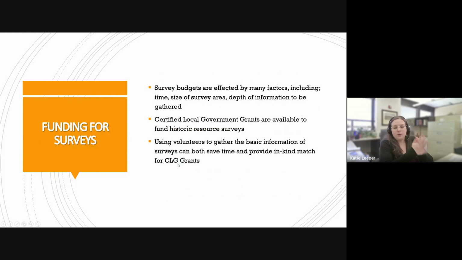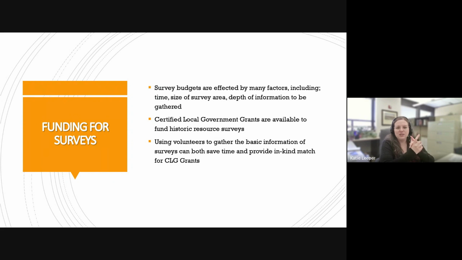And then as far as funding goes, like I said, certified local government grants are available to fund historic resource surveys. This can be for both the reconnaissance and intensive surveys. Reconnaissance is a lot easier to use volunteers to gather the basic information, but you can pair them together.